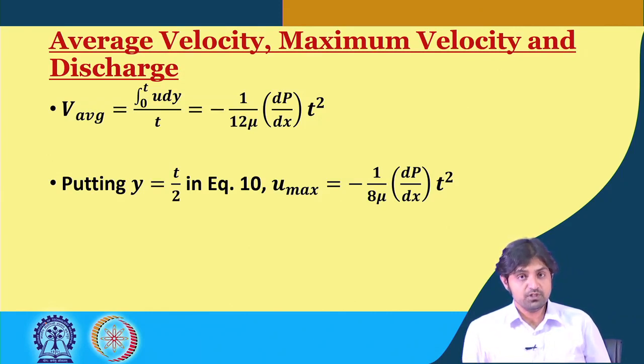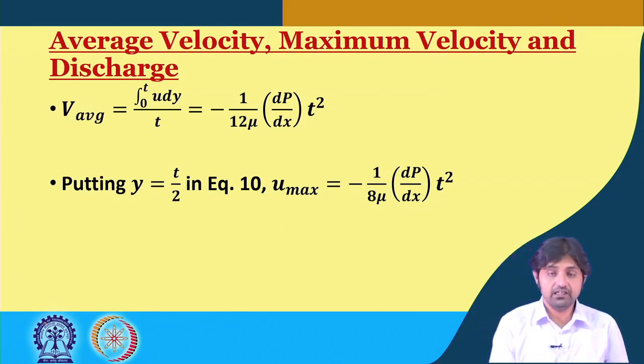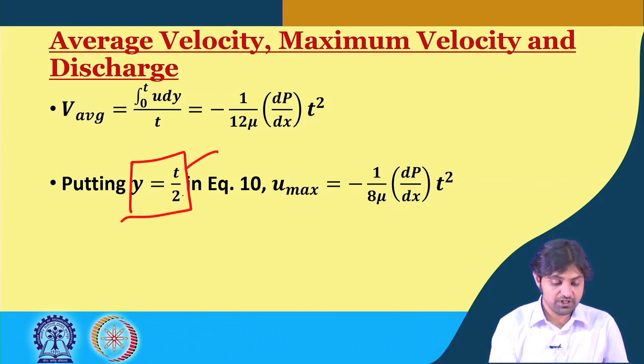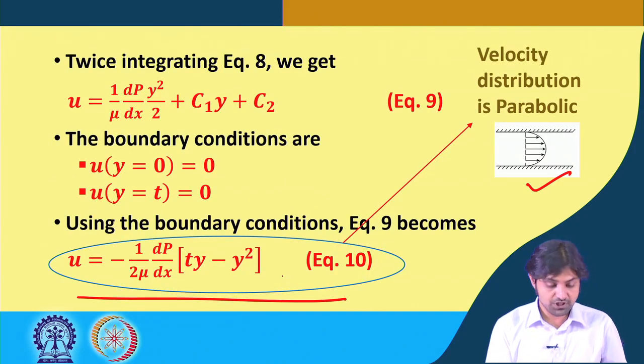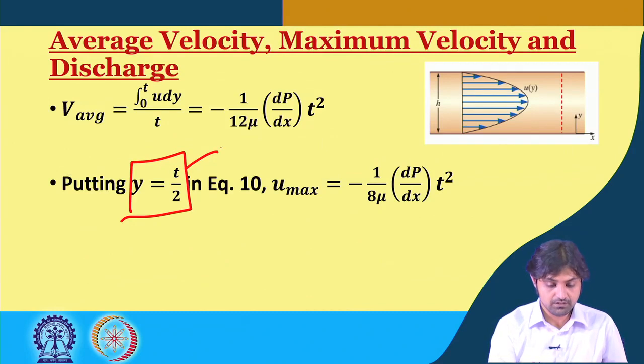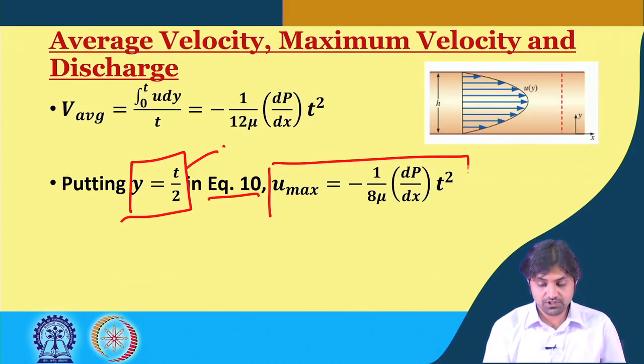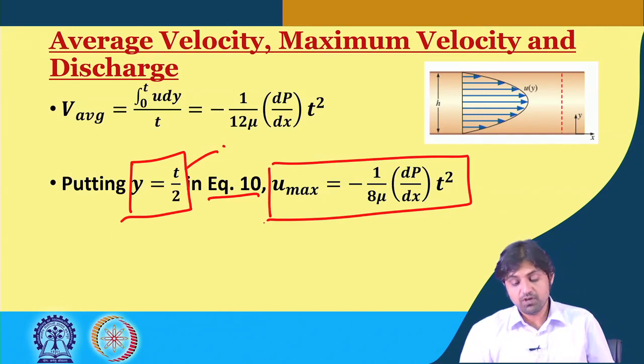This means the maximum velocity again is at the center line, which is y is equal to t by 2, and if we put y is equal to t by 2 in the equation number 10, then we can get u max, which comes out to be minus 1 by 8 mu dP/dx into t square.